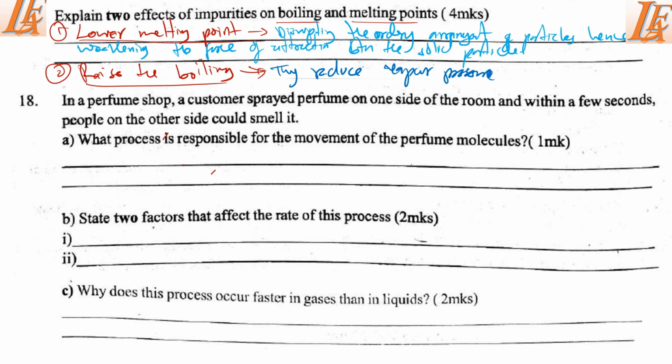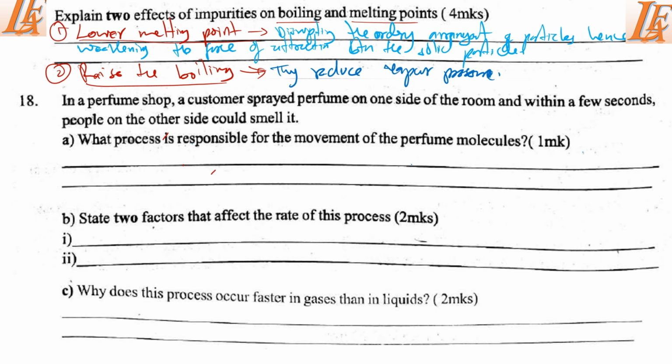And if the vapor pressure of a liquid is reduced, its boiling point will be higher than the original, or than the pure substance. So the two effects of impurities on boiling and melting point are that they lower the melting point and they raise the boiling point.